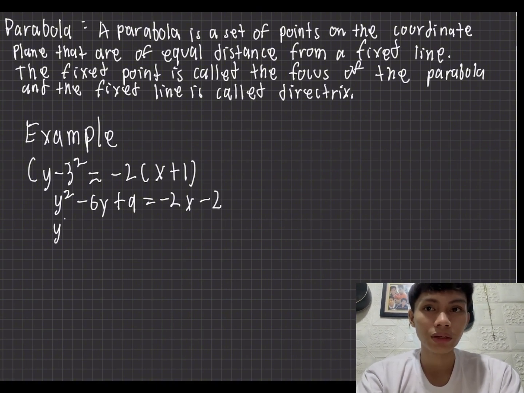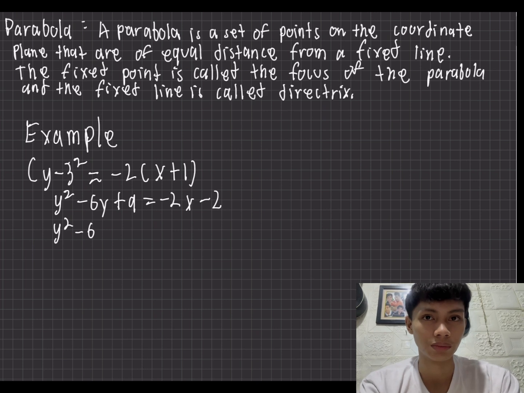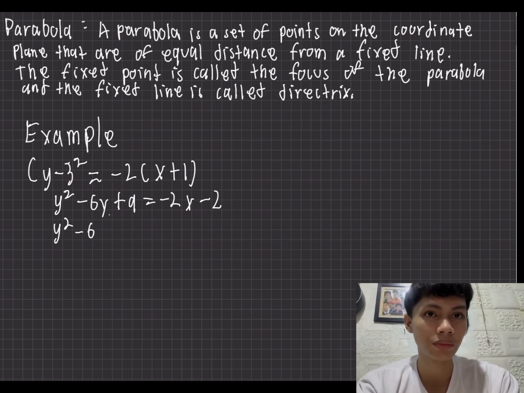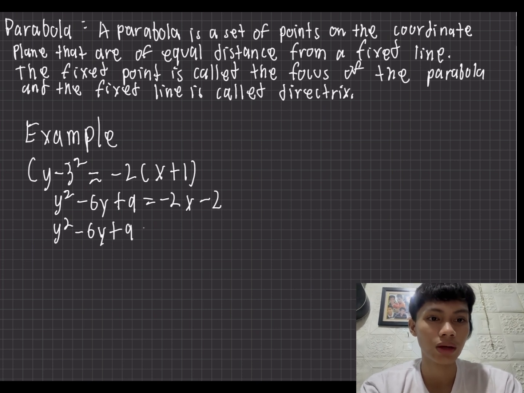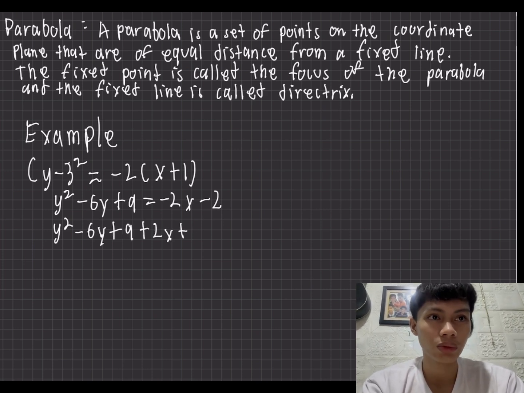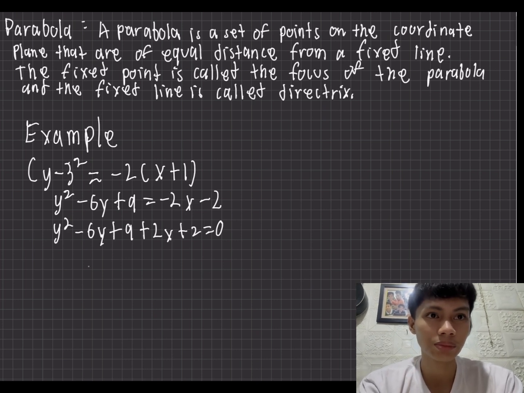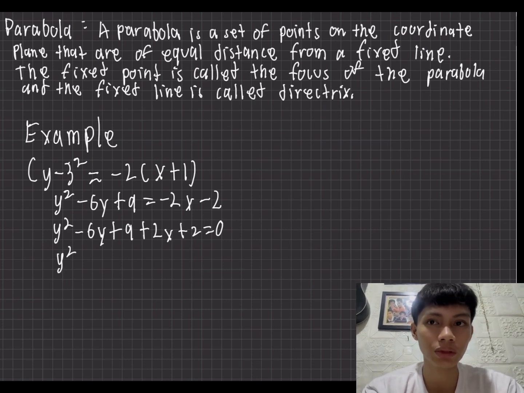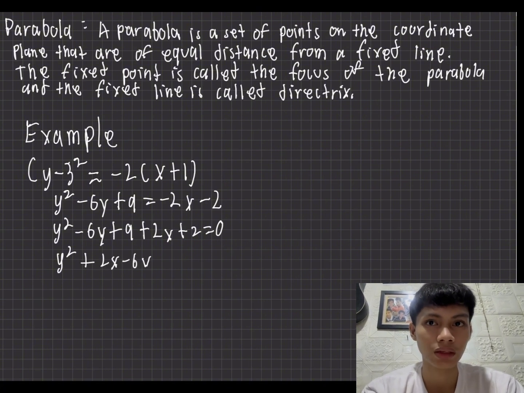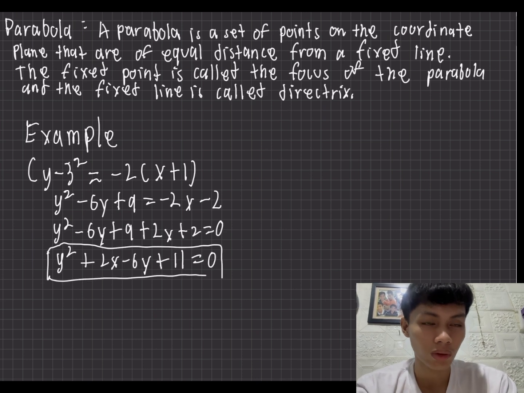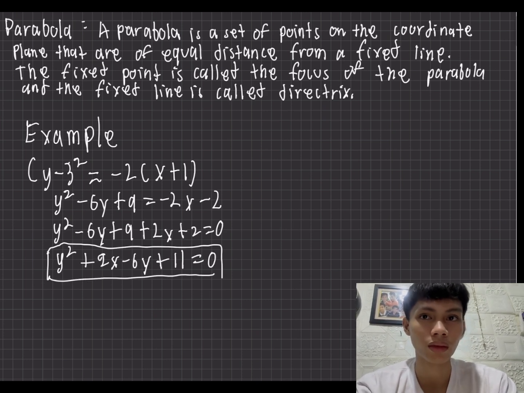Multiply the first and second terms times 2: y times negative 3 is negative 3y, times 2 equals negative 6y. Square the second term, that will be positive 9. Distribute the negative 2, that will be negative 2x. Negative 2x times 1 equals negative 2.